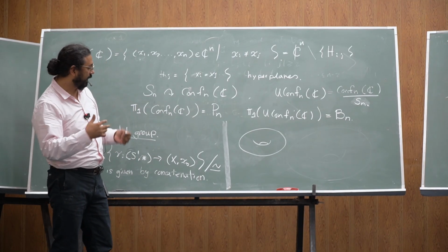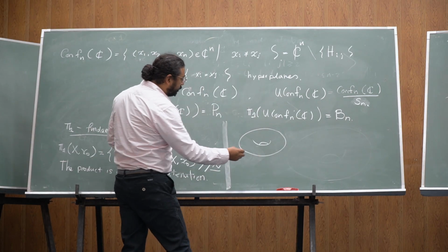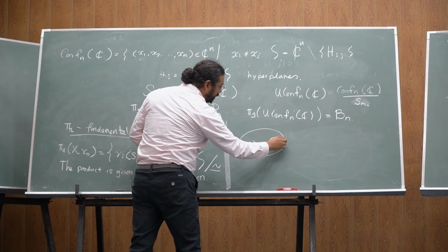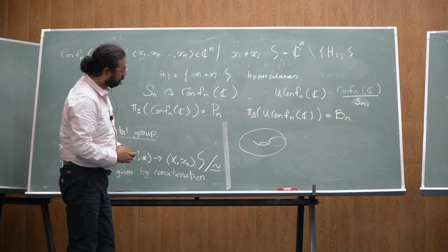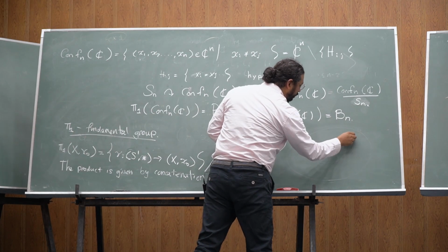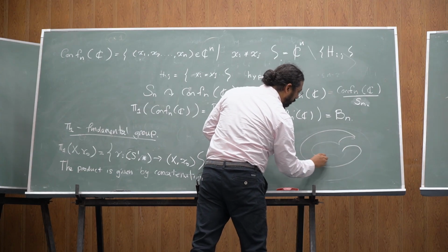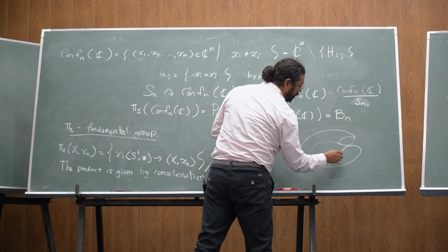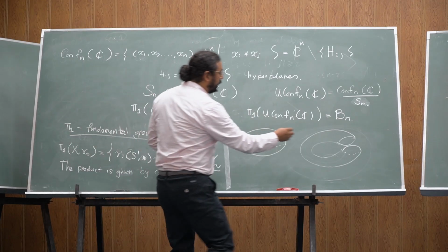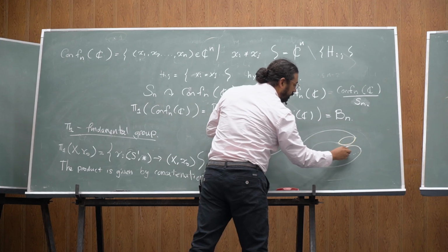If you think of the outside part of the donut, then when you cut along this, what do you get? You get something like this, right?